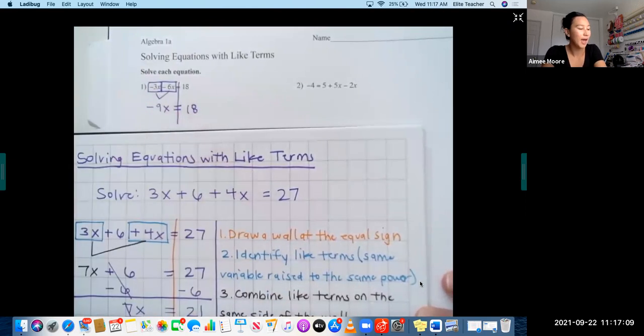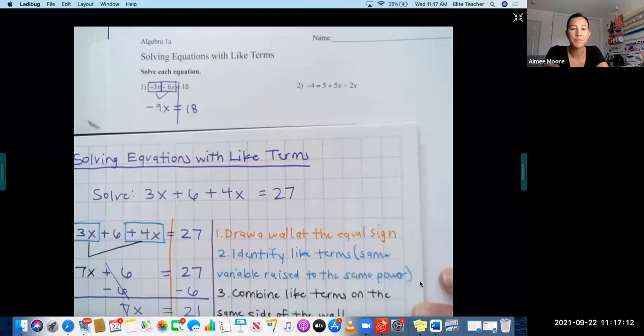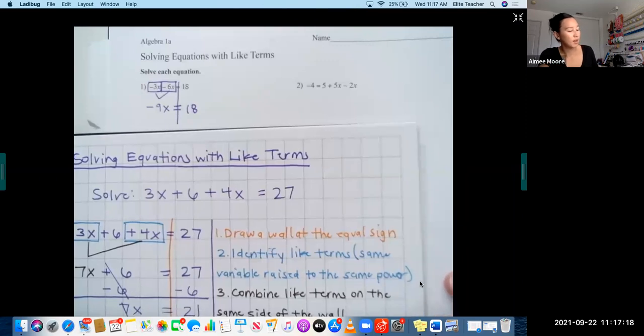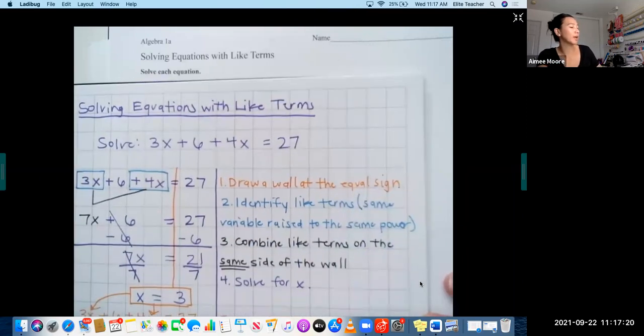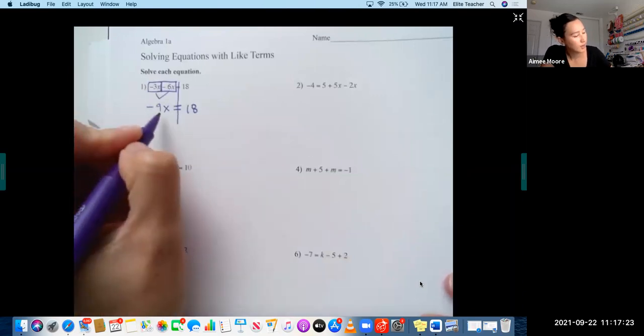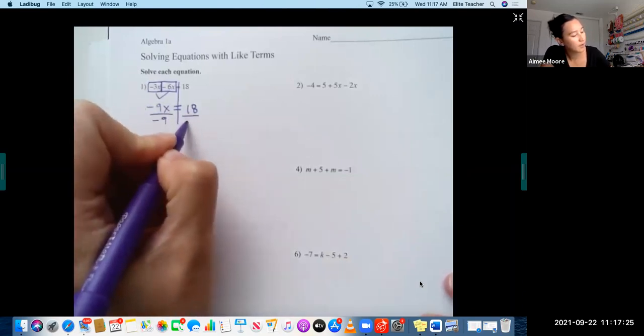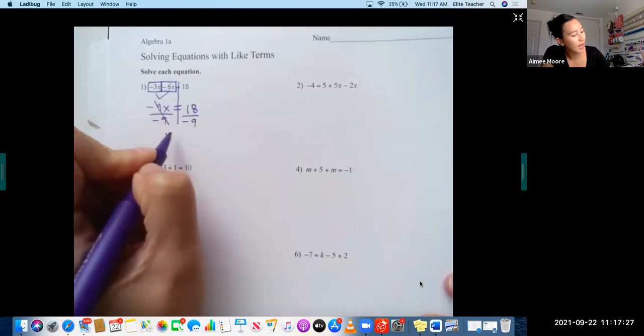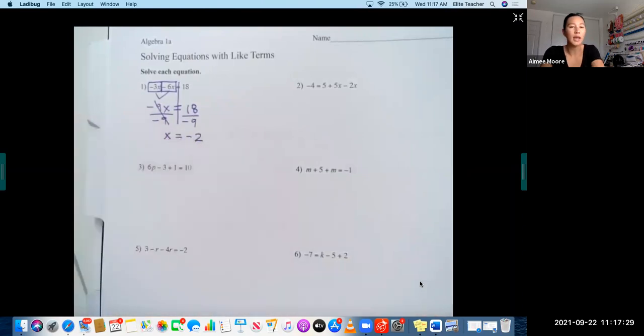And negative 9x equals 18. Any questions so far? And then our last step is to just solve for x. So we're just going to divide both sides by negative 9, and we see that x equals negative 2.